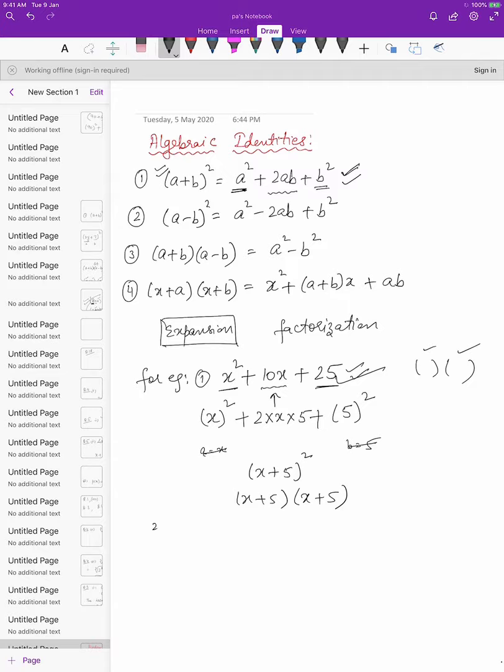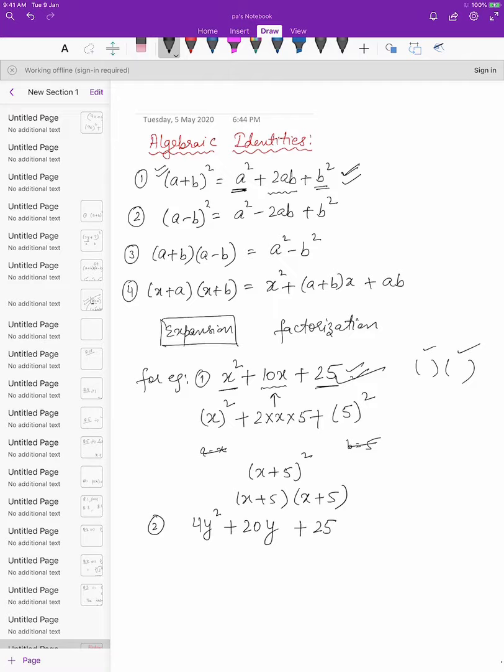Suppose I take one more example. Say I take 4y square plus 20y plus 25. I will use the first identity only in this case. Okay, this is the question now. Now in this question, tell me, which identity do you think we can use?